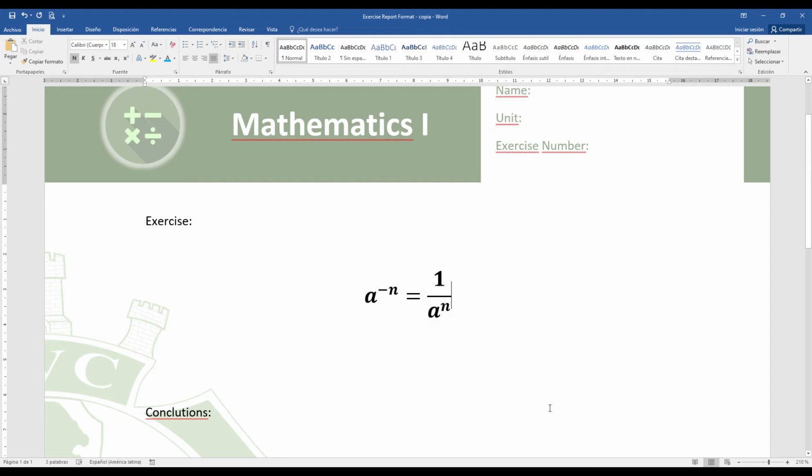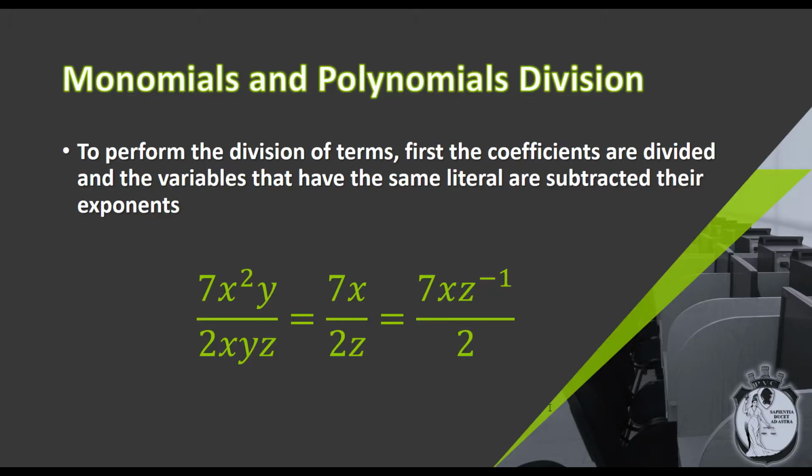So for example, in the sample that we saw here, this is a correct result, but you can move that variable up, but you need to change the sign of its power.